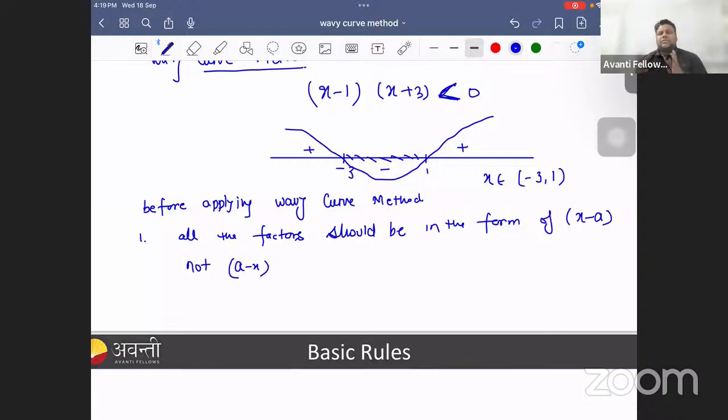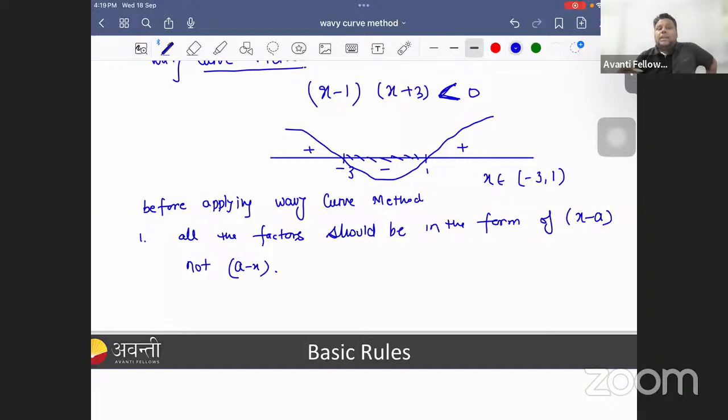See, if they are in the form of a minus x also, we can manage with that, but there's no requirement for that. Getting my point? We will do it with x minus a only. Why to do different things? So x minus a, not a minus x.